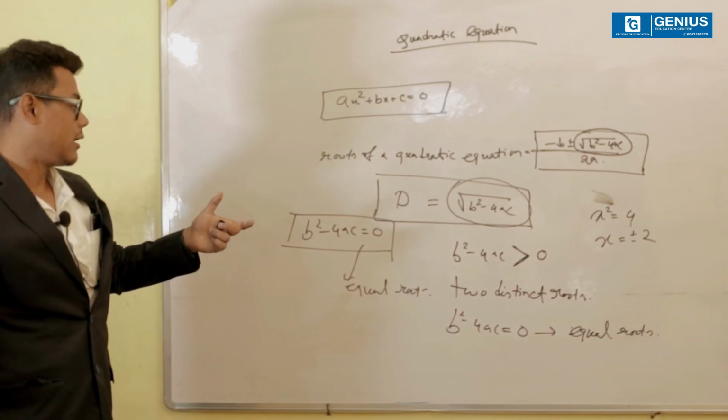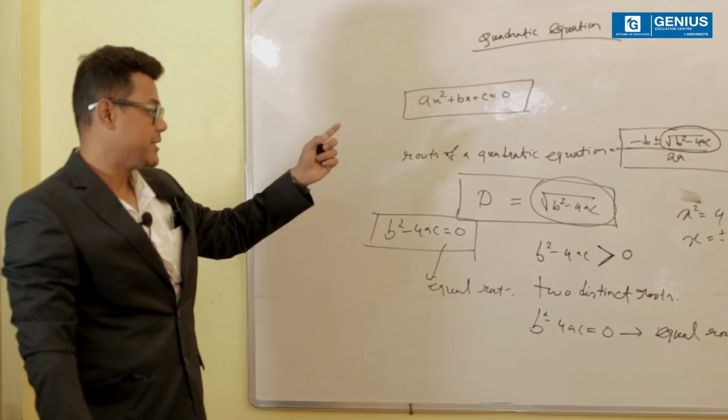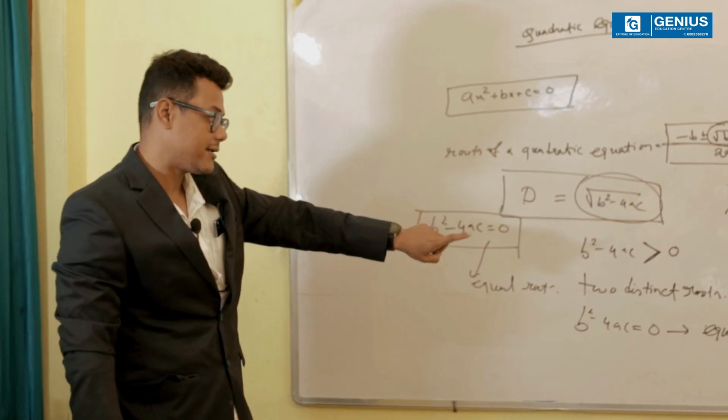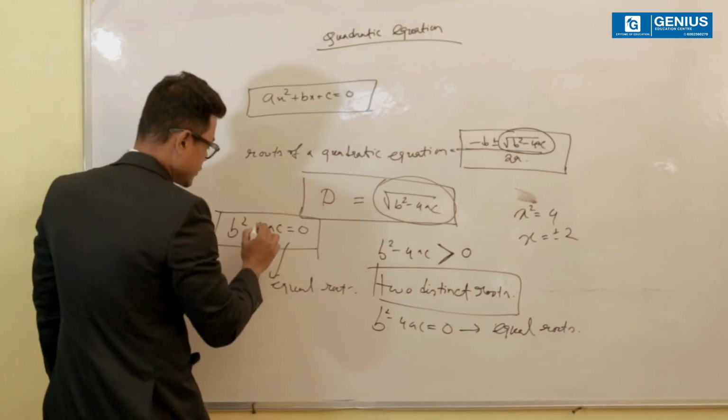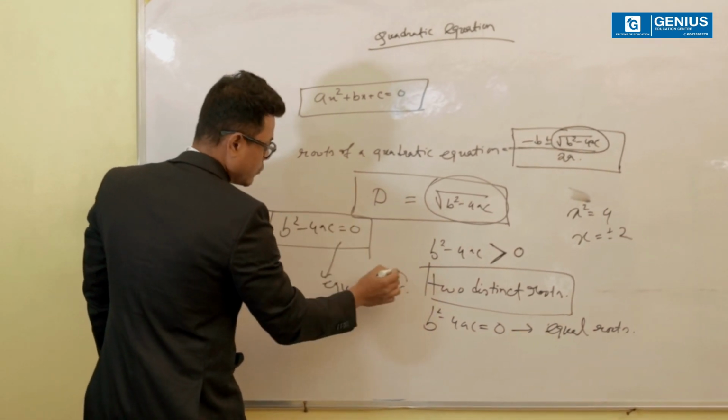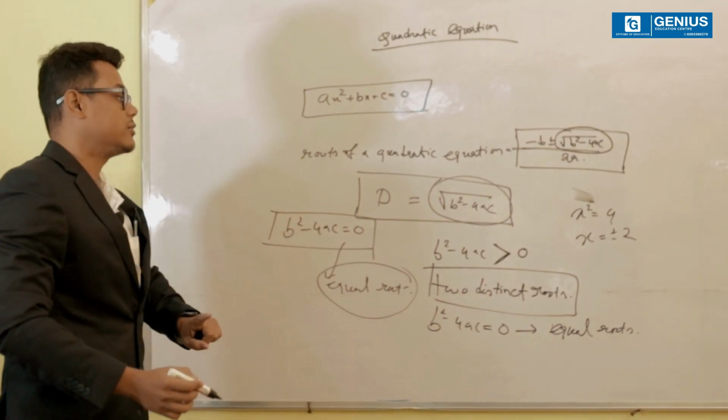So when b square minus 4ac is greater than 0, we get two distinct roots. When it is equal to 0, we get two equal roots.